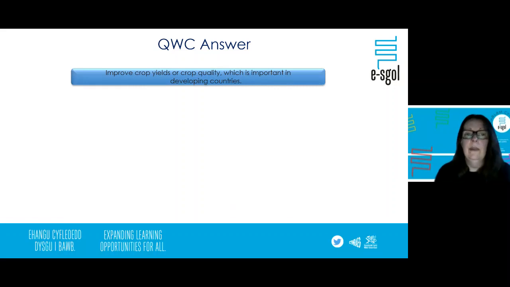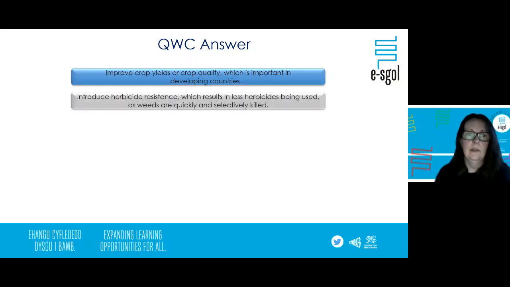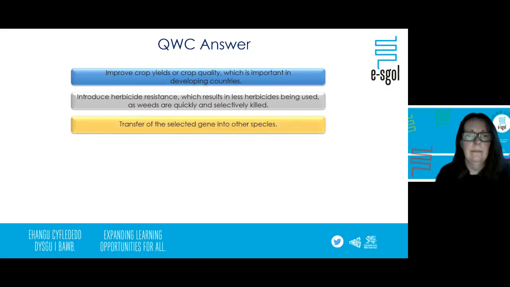So the benefits would be to improve the crop yield or the crop quality, and that is certainly important in developing countries. If you introduced herbicide resistance, that would result in less herbicide being used. Weeds would then be quickly and selectively killed, and that's a key point there, that they are selectively killed and not everything is killed.